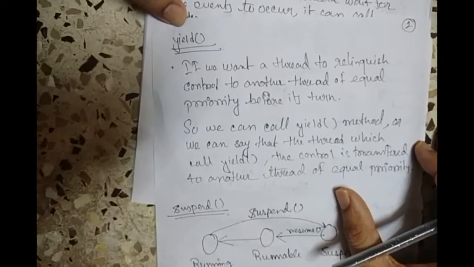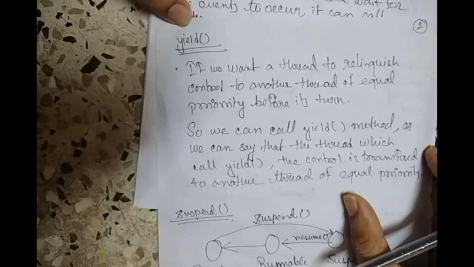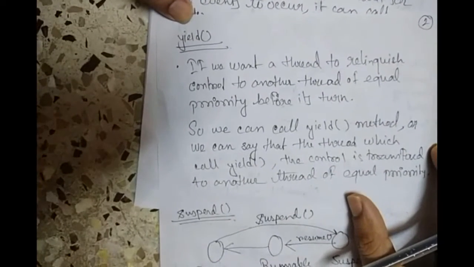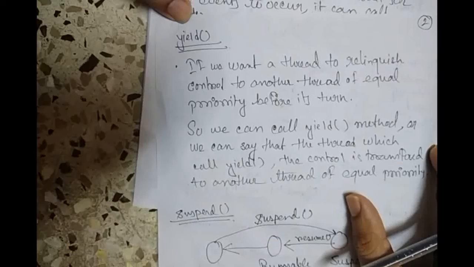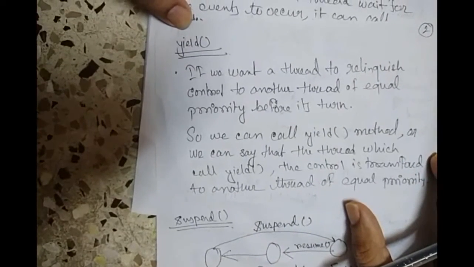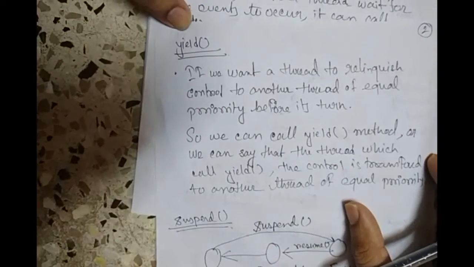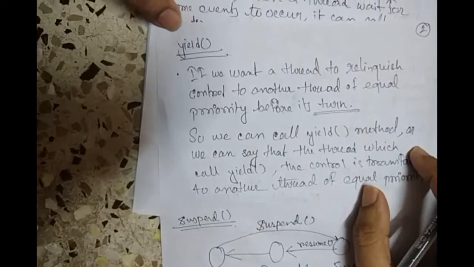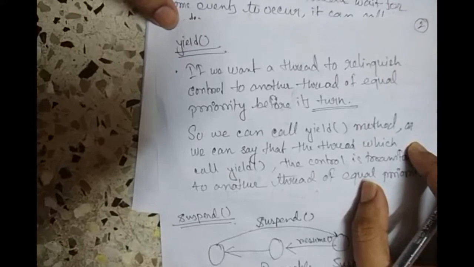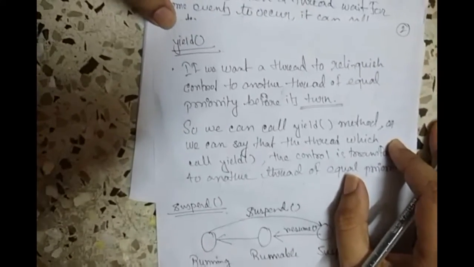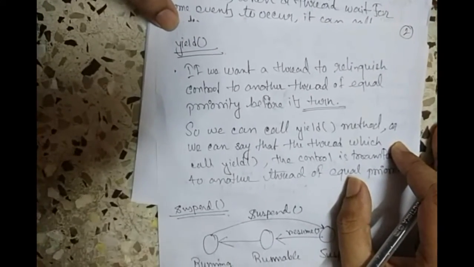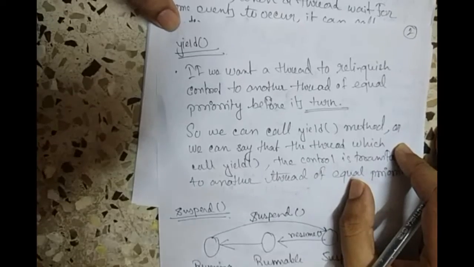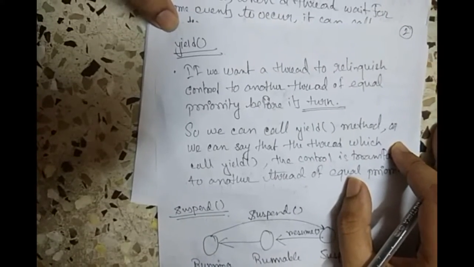The yield method has this definition: if we want a thread to relinquish the control to another thread of equal priority before its turn. This statement means that a thread can call the yield method to relinquish the control of the CPU.